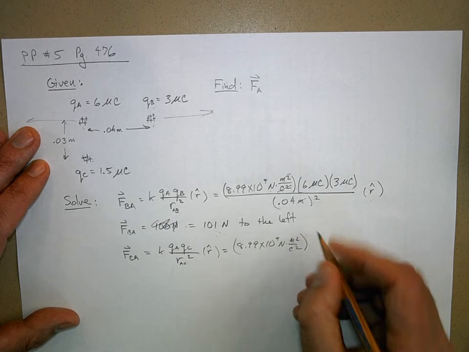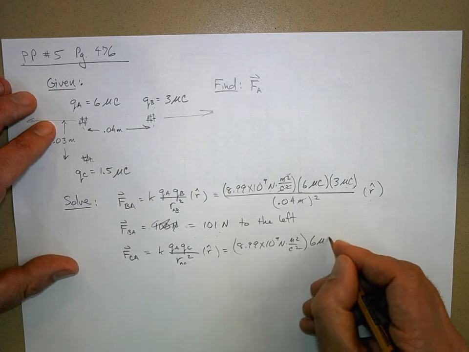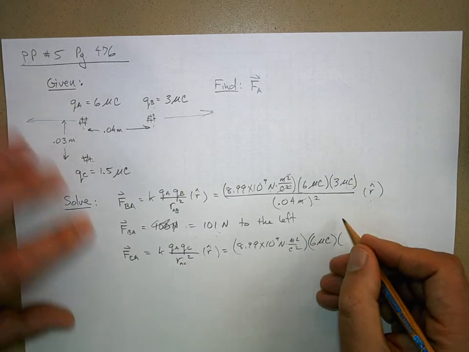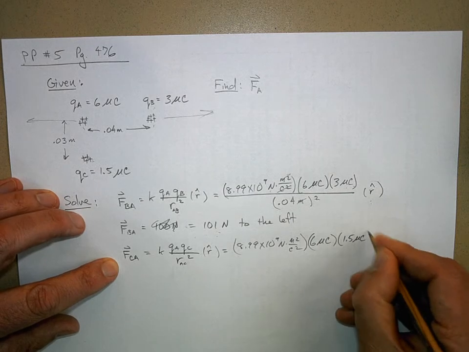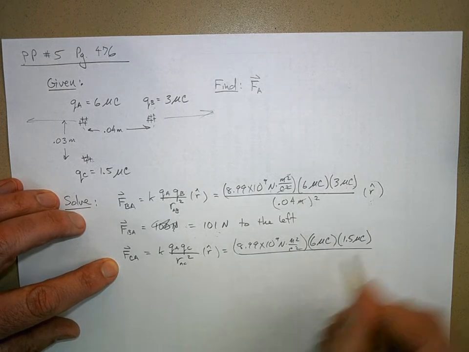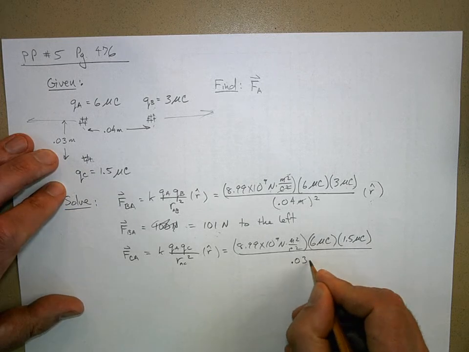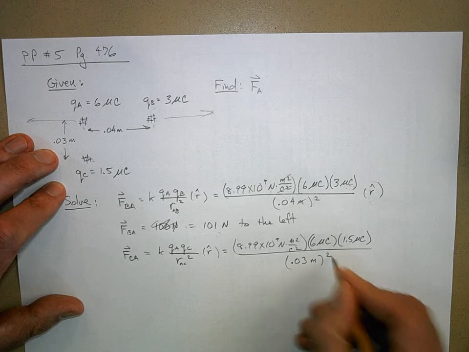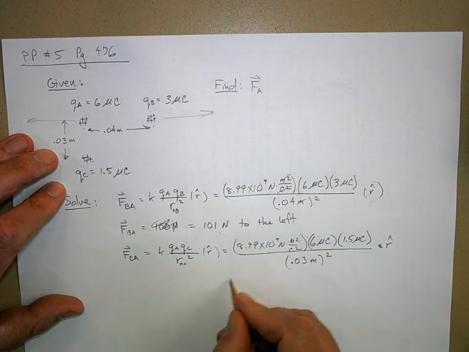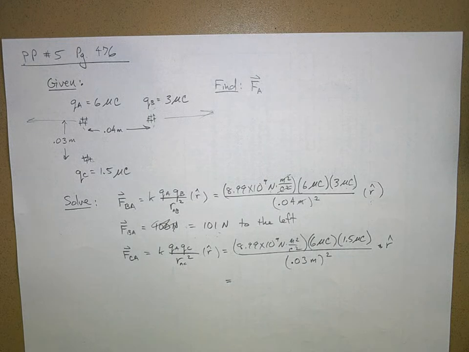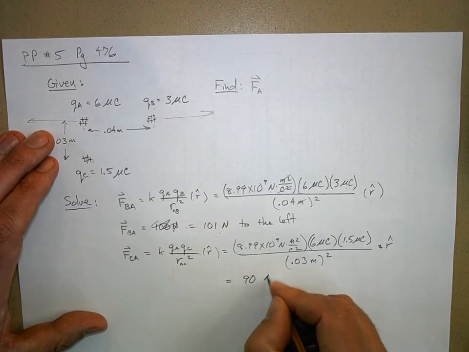Sorry for all this. And then A is 6 microcoulombs, but now C is only 1.5 microcoulombs. They're both positive charges. And this is 0.03 meters squared. And when you do the arithmetic, I'm just going to use the book's value, which is 90 newtons.